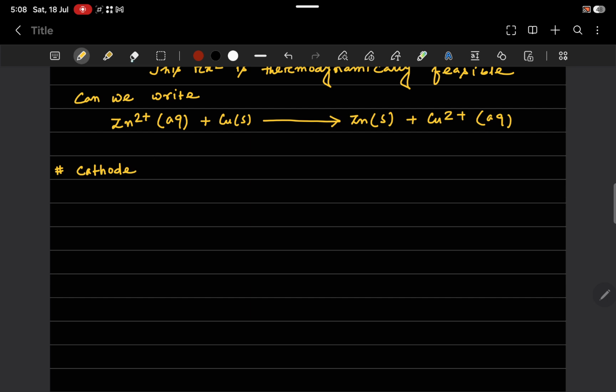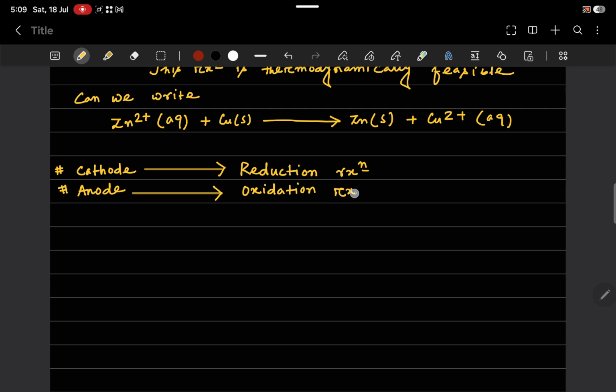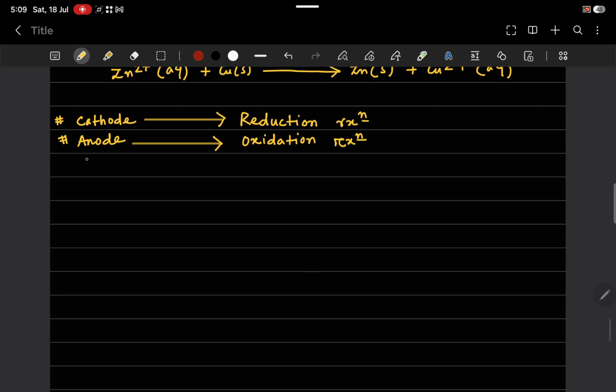Cathode means where reduction will take place, reduction reaction. Anode means oxidation reaction.